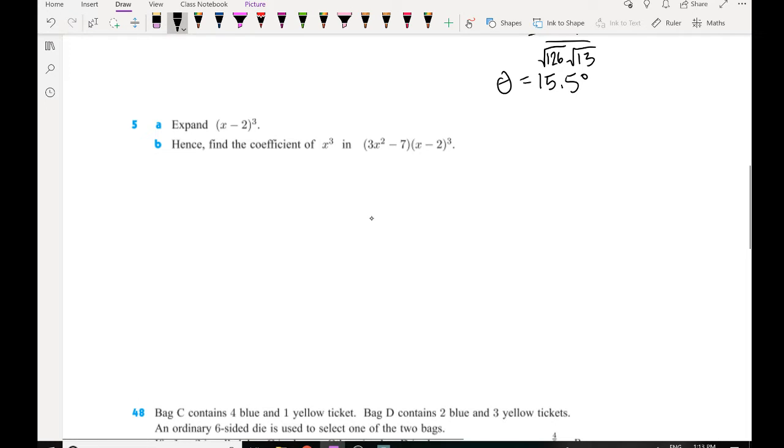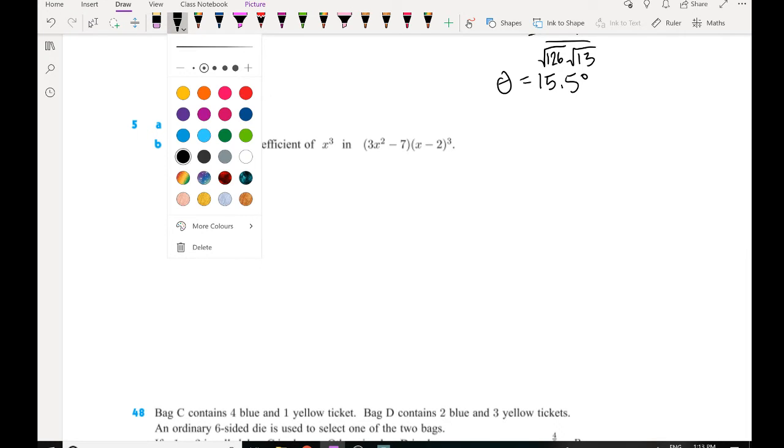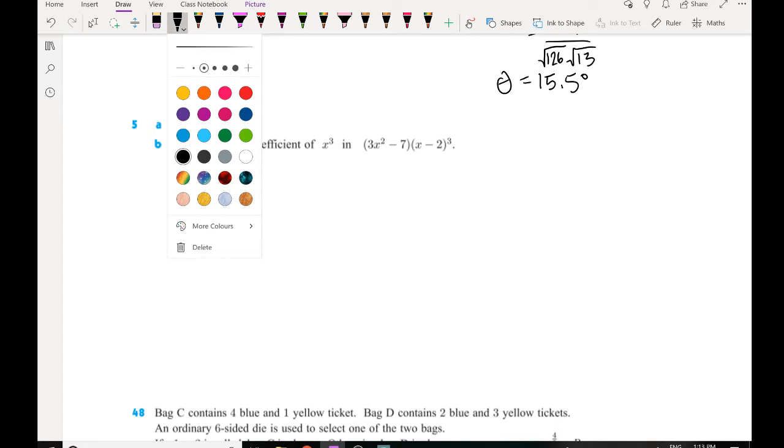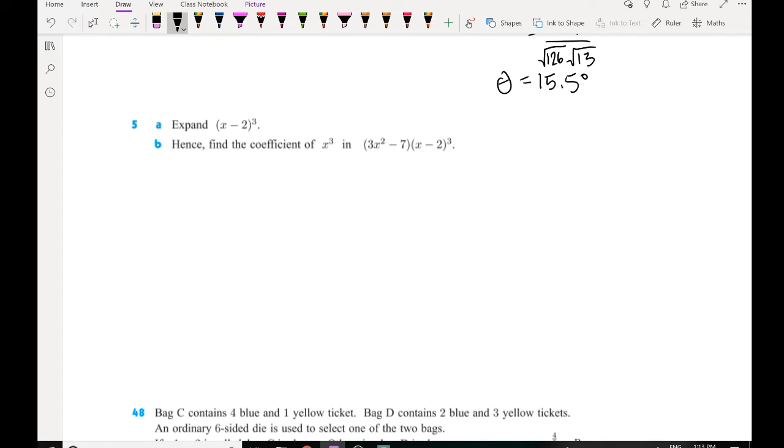So we looked at some questions like this during the year where it's a binomial expansion problem and then there's a part that comes after where you have to multiply in another binomial into the mix. And so at this point, you've already got it expanded, right? So you have, what would it be? x cubed.